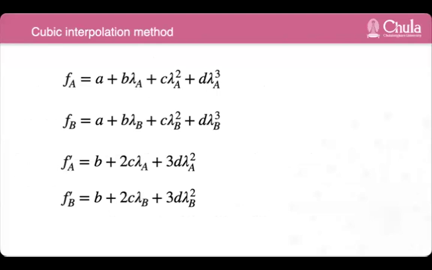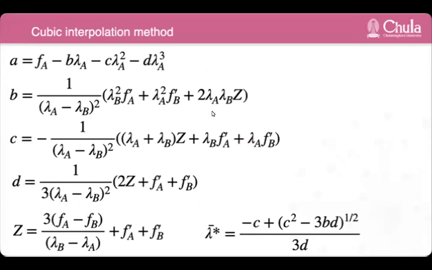If you don't want to use the derivative, of course, you need 4 points, and you have to derive the formula by yourself. This formula is related to the derivative: you see that you need F prime B, F prime A.